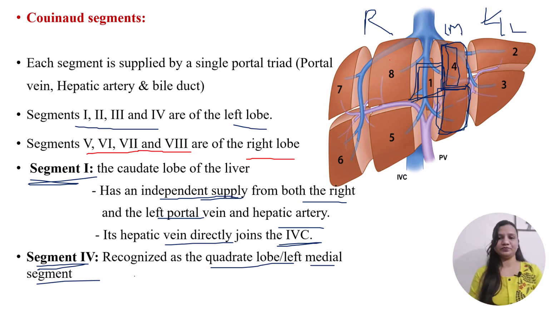What exactly these caudate and quadrate lobes are we will discuss in the next lecture. But for now, keep in mind that segment 1 is itself the caudate lobe, and segment 4 is the quadrate lobe of the liver, also called the left medial segment.